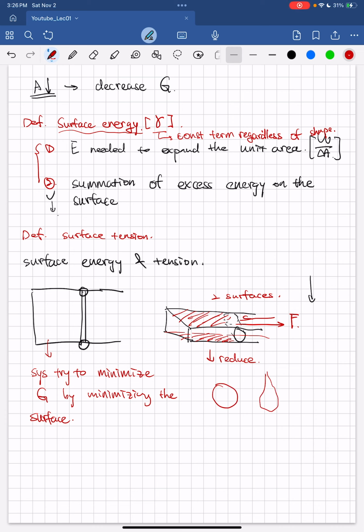It is simply because it wants to minimize surface area. A sphere is the shape that can minimize the surface area at constant volume. All right, so this is why they choose to be spheres.